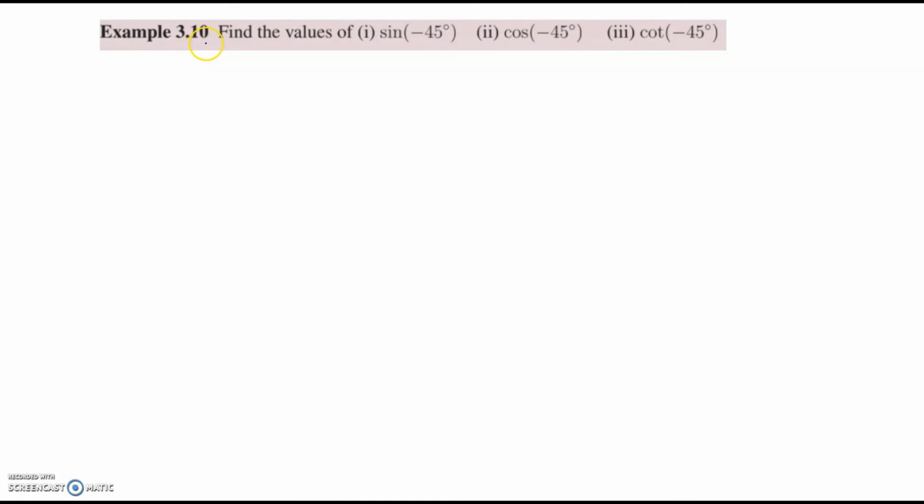Example 3.10. Find the values of, first question, sine minus 45, second cos minus 45, and third cot minus 45. We know that sine minus theta, if it is in the fourth quadrant, will be equal to minus sine theta, and cos minus theta will be equal to cos theta.